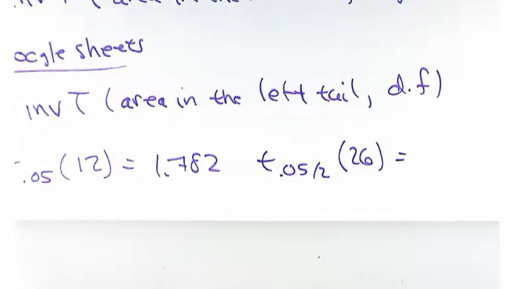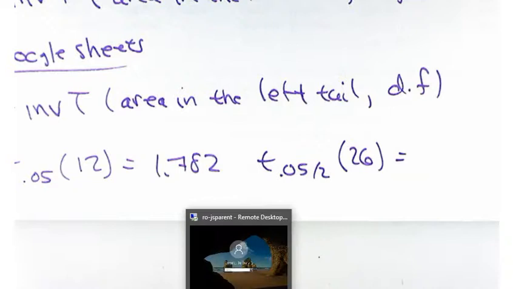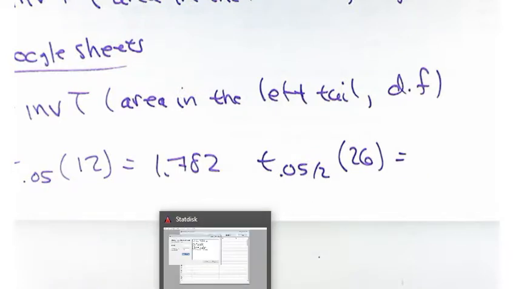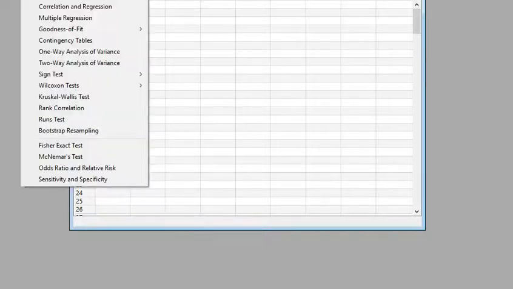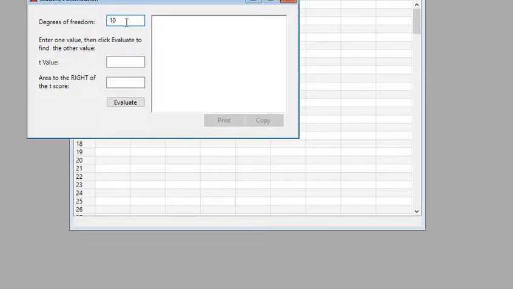Charbel? Boy, statdisk, that's a good question. Let's play around with statdisk real quick and see what that can do for us. So we'll go to analysis, probability distributions, student t distribution. Degrees of freedom would be 26. And then, depending on what you're looking for, you type in one of these blanks.